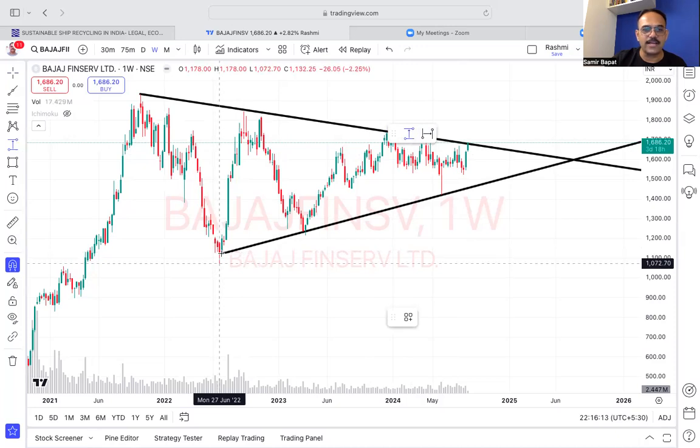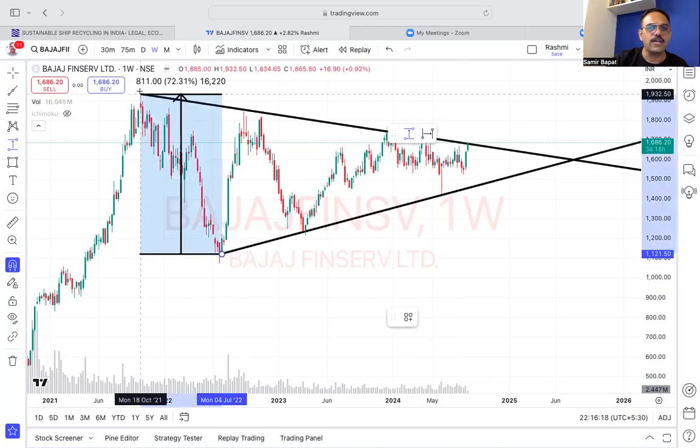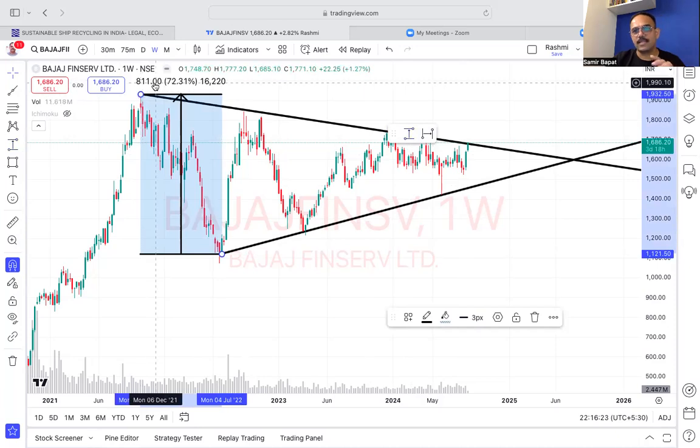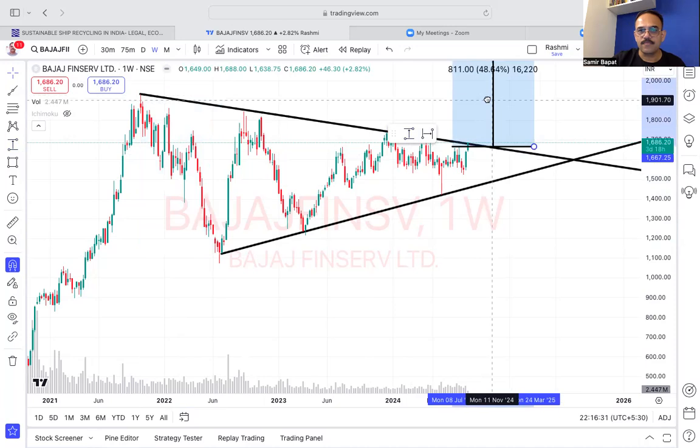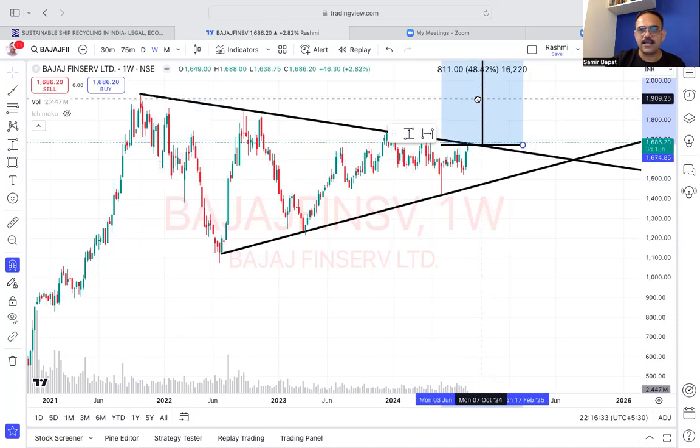We can take this or we can take this. Let's not be greedy. Let's start measuring from here to here. So how many points are we getting here? Around 800 points. So we will pick it up and keep it here, somewhere here, on this triangle.